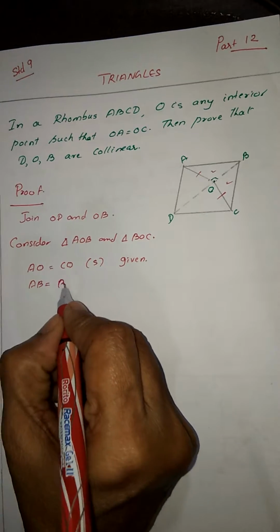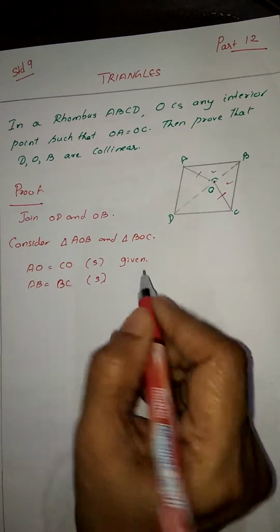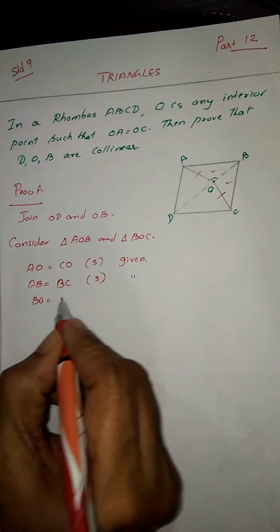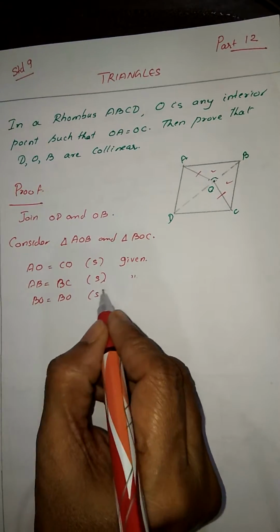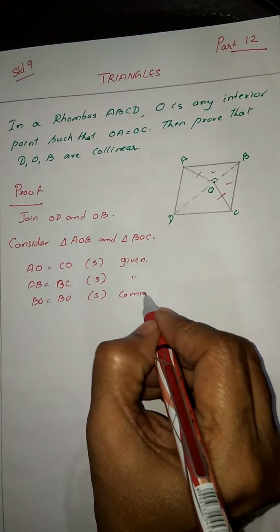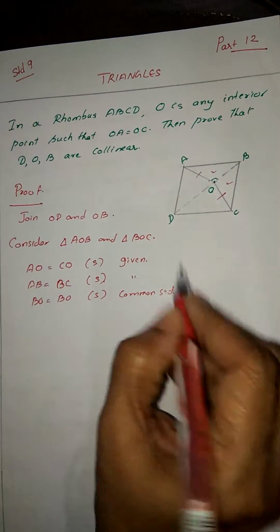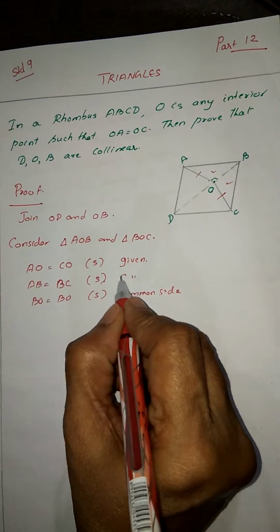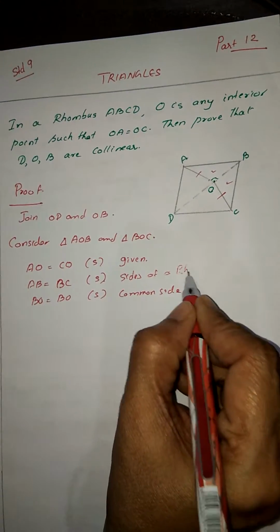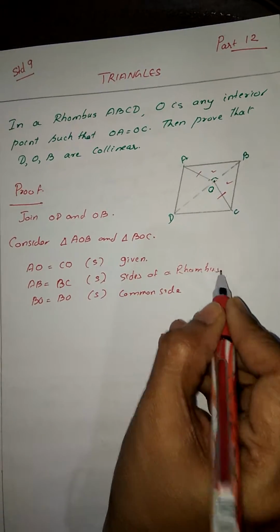AB equal to BC, sides of a rhombus. Now BO is common side. Sides of a rhombus are equal.